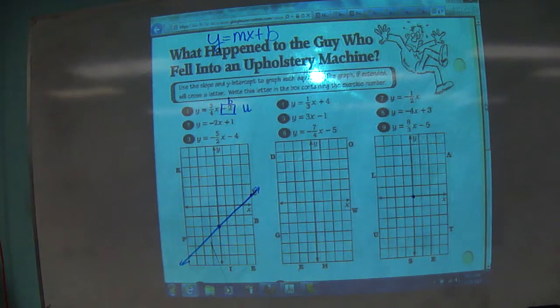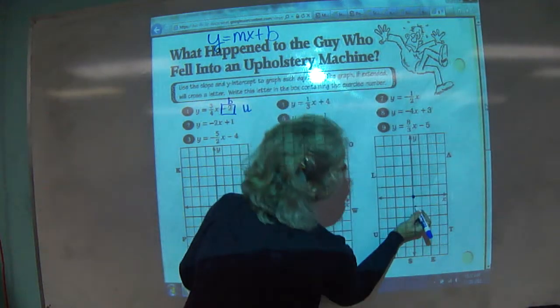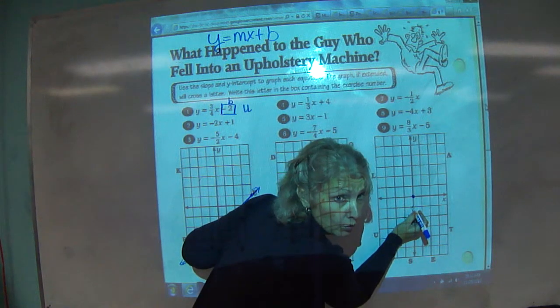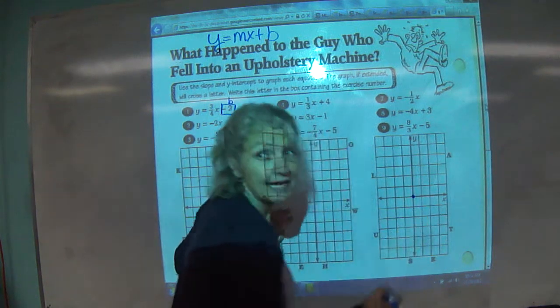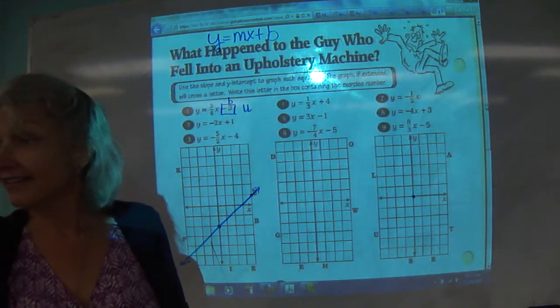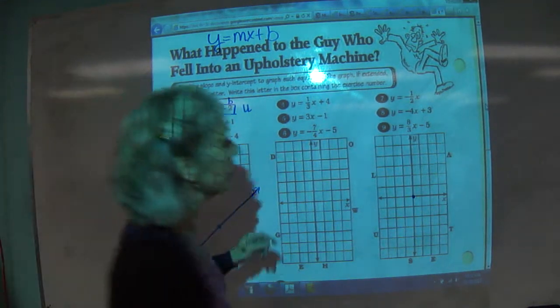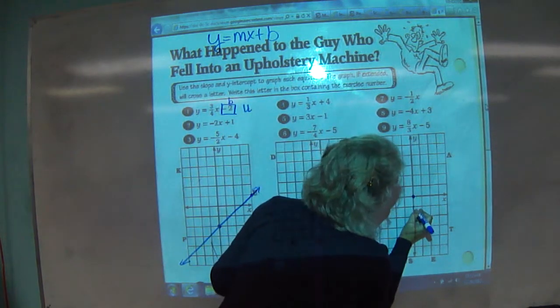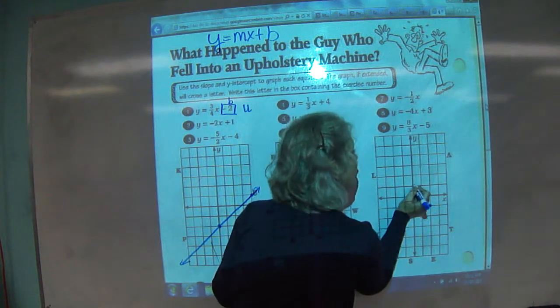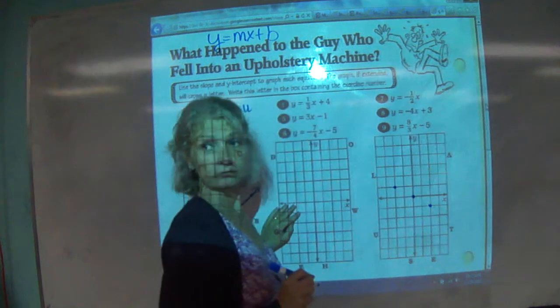Go down 1. And do you go positive or -2? Positive, because a negative is a positive. It has to be one negative and one positive. So you can either go down 1 and +2, or you can go up 1 and -2.